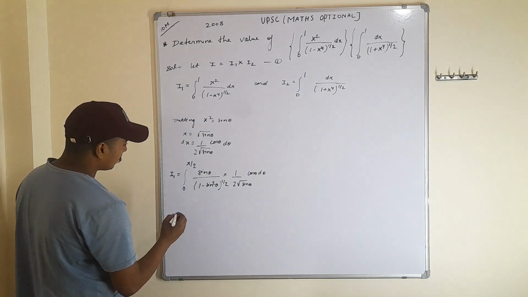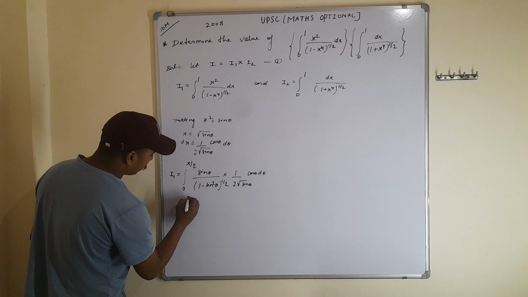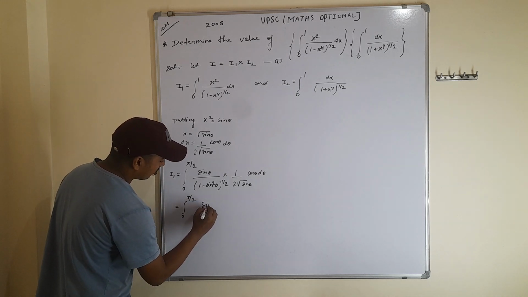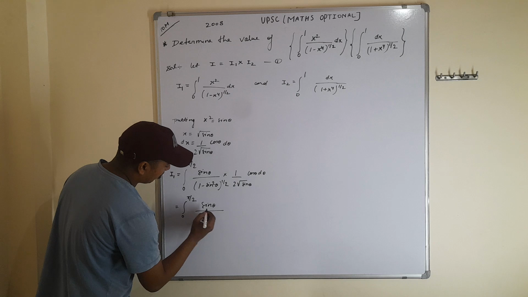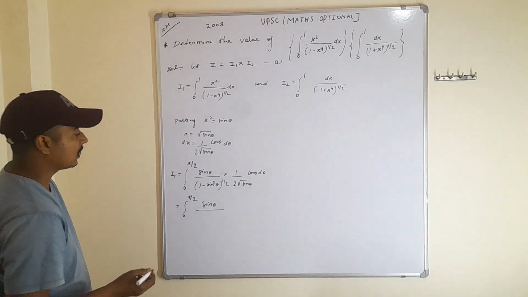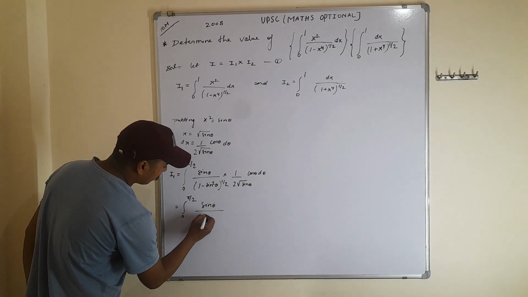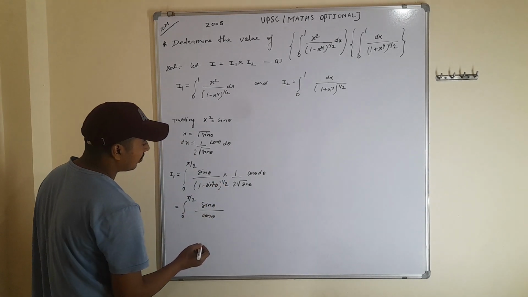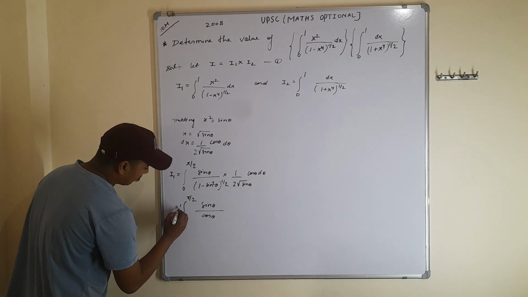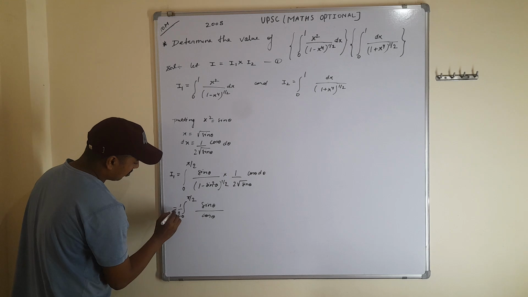From here, the limit is 0 to pi by 2, and sin theta upon 1 minus sin squared theta is cos squared theta, and cos squared theta to the power 1 by 2 is cos theta. And 1 by 2 is common, so take it out.